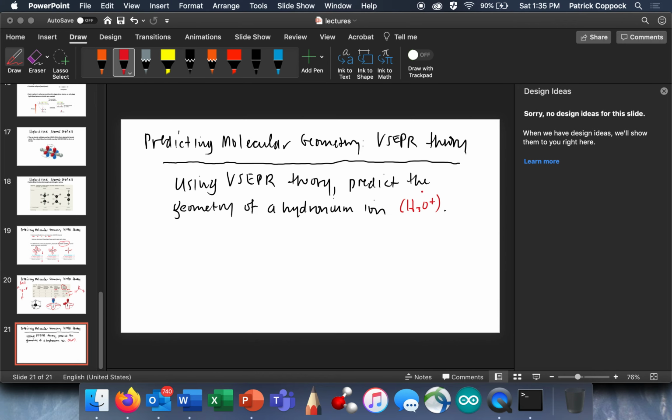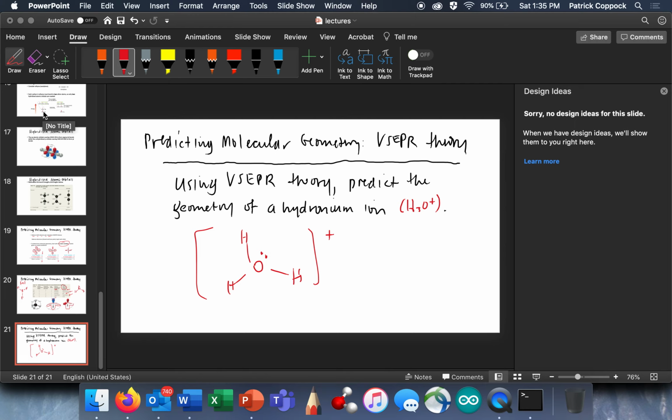So using VSEPR theory, predict the geometry of a hydronium ion. First thing I'm going to do is draw out the full Lewis structure for this. You can't do this without doing the structures, okay? That's the full Lewis structure. Oftentimes people are going to put a plus charge on it because the plus charge is actually shared over the whole ion.